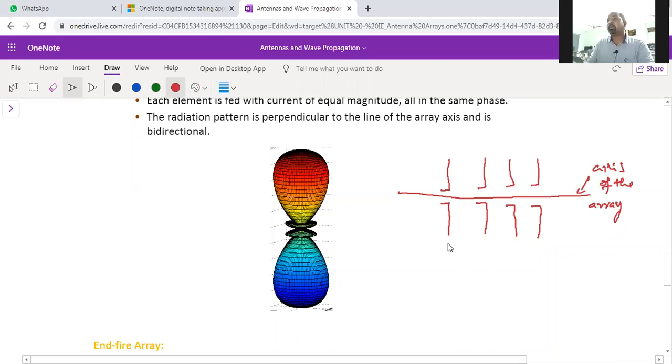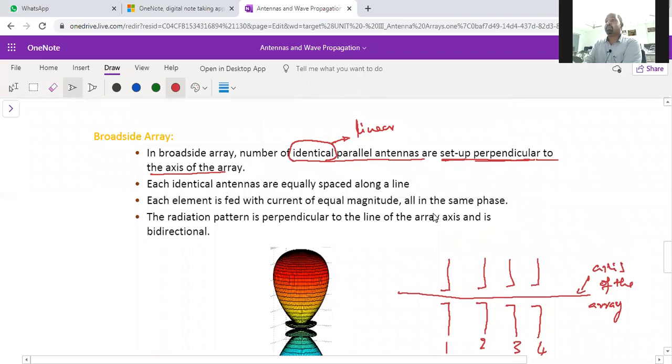So this is antenna 1, 2, 3 and 4. All four dipoles are arranged perpendicular to the axis of the array, and all these antennas are parallel to each other. They are connected perpendicular to the axis of the array. That is one important point to be remembered.